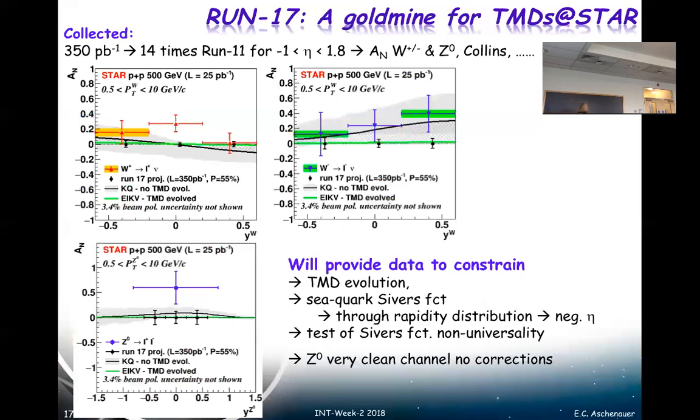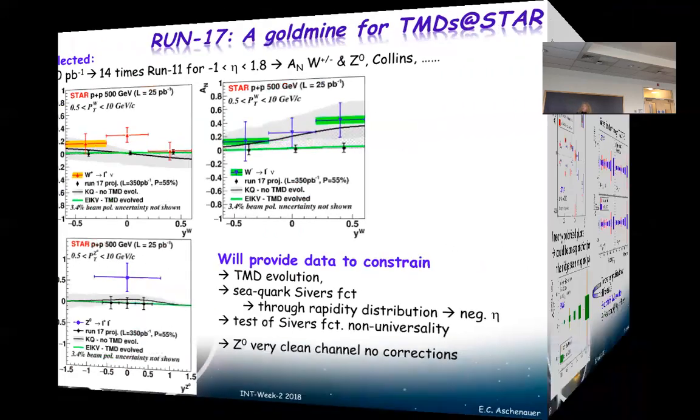The Z is particularly cool because you measure a Z and analyze the asymmetry. It is really easy. There are no Monte Carlo corrections or whatever, and you will nicely get whether there is a sign change or not with these data points. And we hope we come out with something for the next EIS to do this.